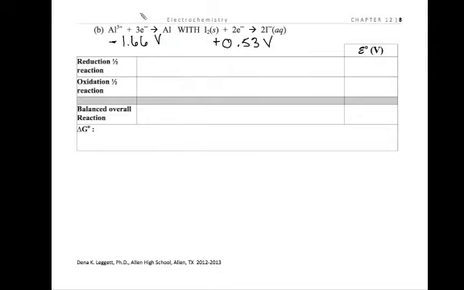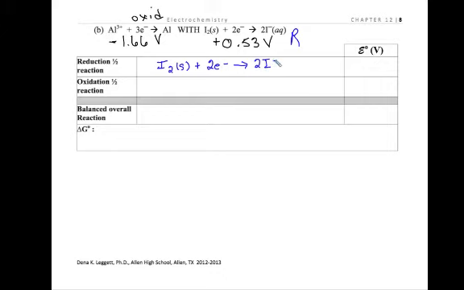Highly reactive metals want to be oxidized. So, since it's spontaneous, we want our most positive one to be reduced. So we're going to leave that the same. And 2 electrons going to 2 I minus.